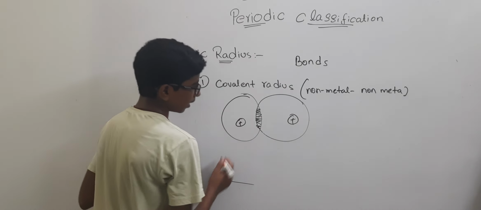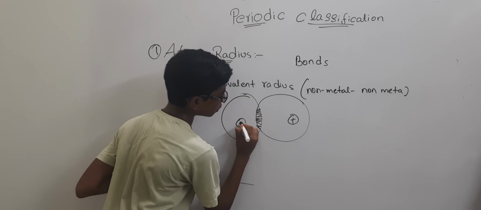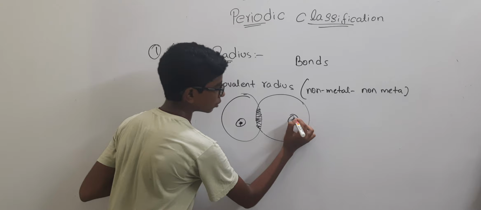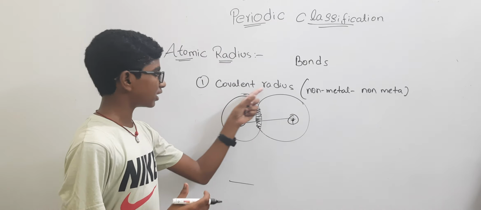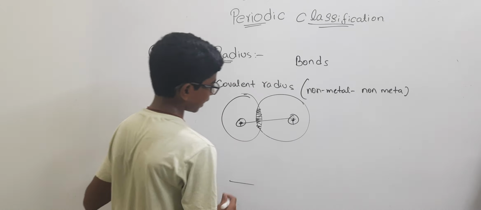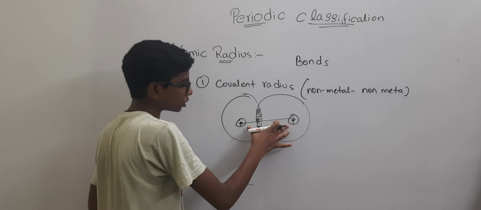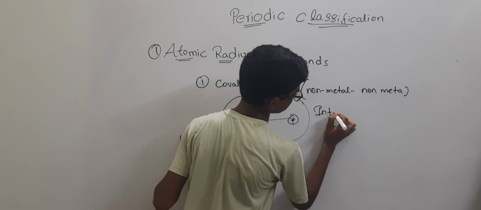The covalent radius definition: the distance from the nucleus of one atom to the nucleus of another atom, half of that distance, is known as the covalent radius. Now I will explain it deeply. First, the distance between the two nuclei of two atoms is known as the internuclear distance.